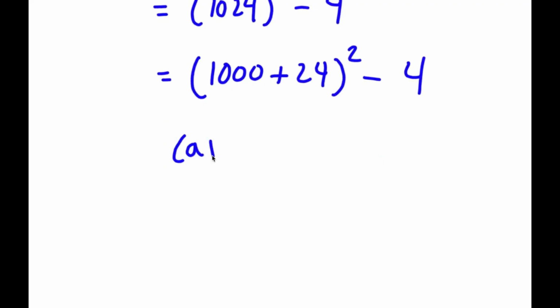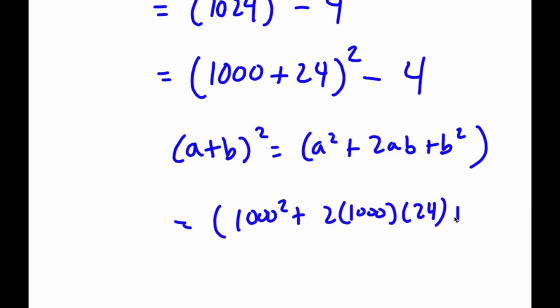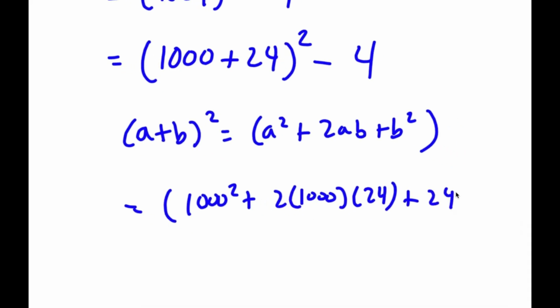Now if I have something in the form a plus b squared, this is equal to a squared plus 2ab plus b squared. So 1000 plus 24 squared, that's going to equal 1000 squared plus 2 times 1000 times 24 plus 24 squared.